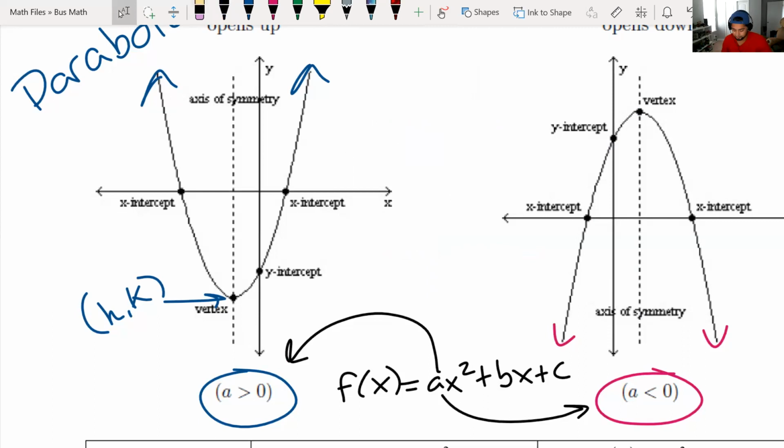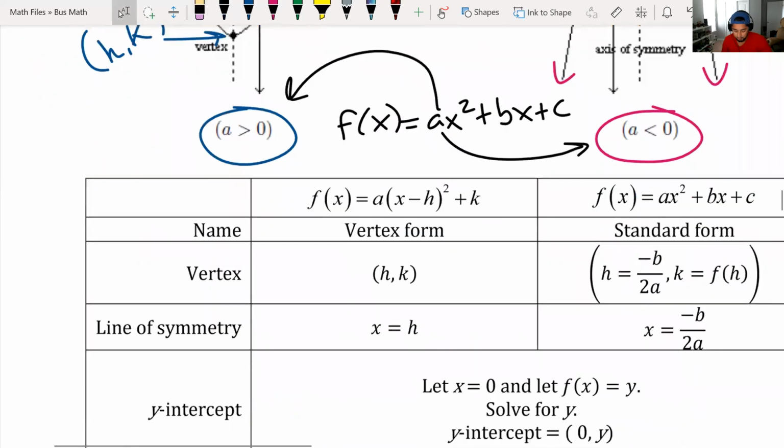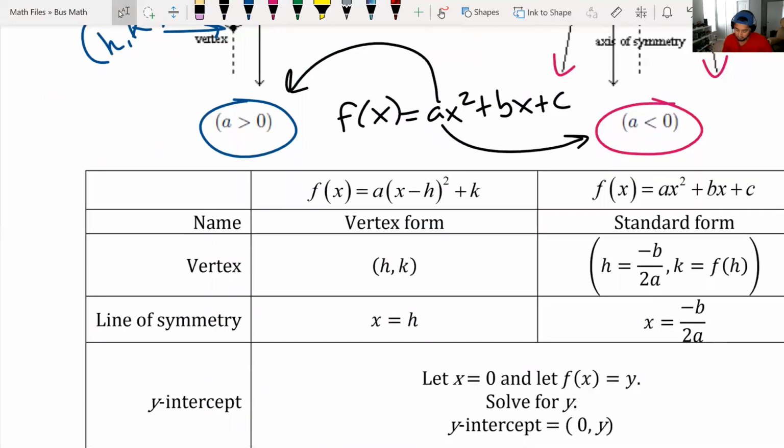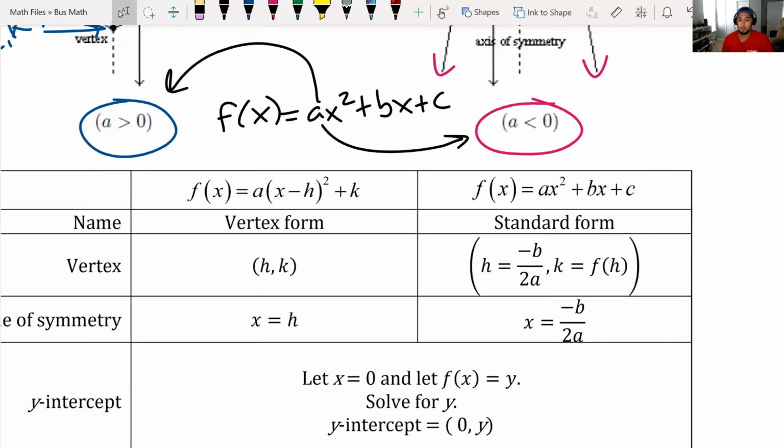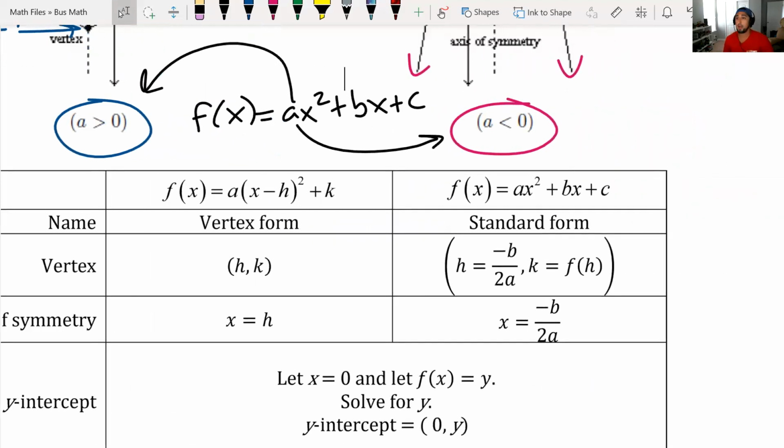Let's keep going. Now some pieces, putting labels on what we have. We'll start with the vertex form. If you're in vertex form, you can automatically find the vertex. The vertex is given by h, k.